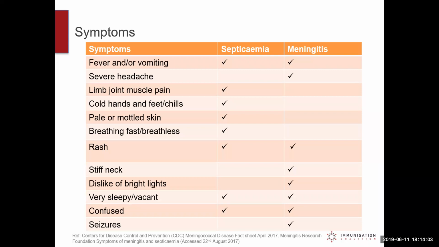Different signs and symptoms can occur with septicemia and meningitis, but some of them actually will coexist. They may present with some, but not all of these symptoms. Like I said before, that initial presentation might be quite typical of a cold or flu or a gastro or even a hangover if it's in a teenager.